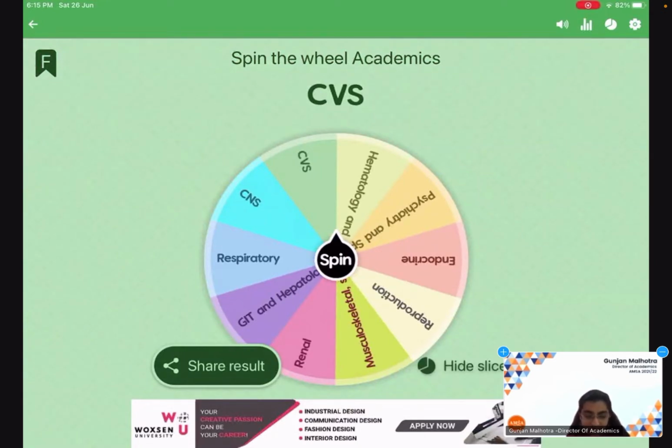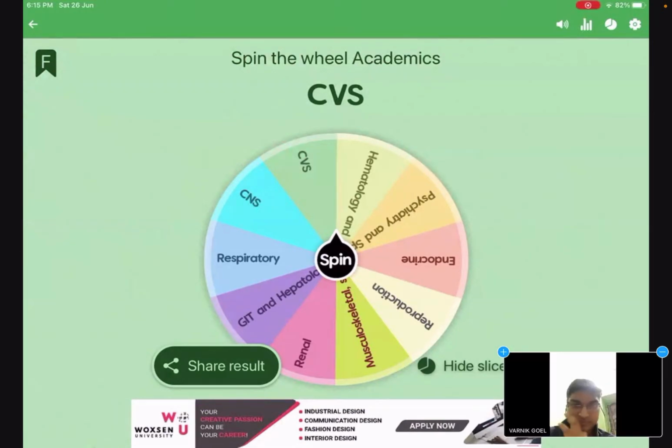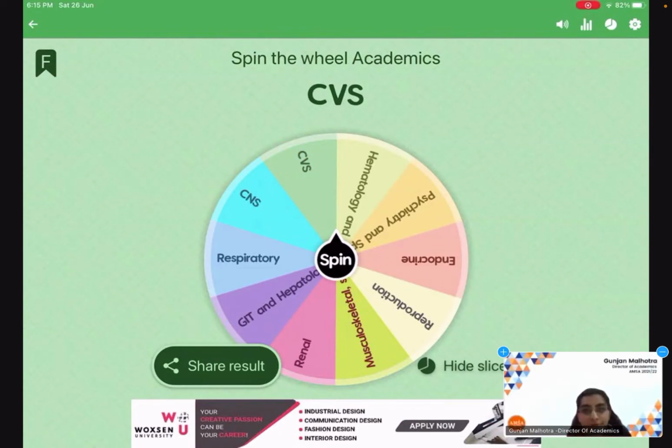Okay, we have CVS with us, and your question is: where are the most common drivers of atrial fibrillation anatomically located? Left atrial appendage, mitral annulus, pulmonary vein orifice, sinus venosus.